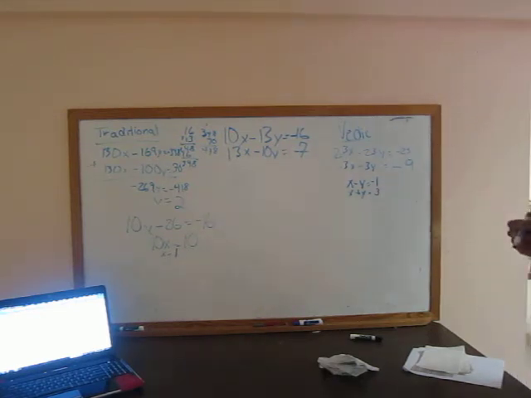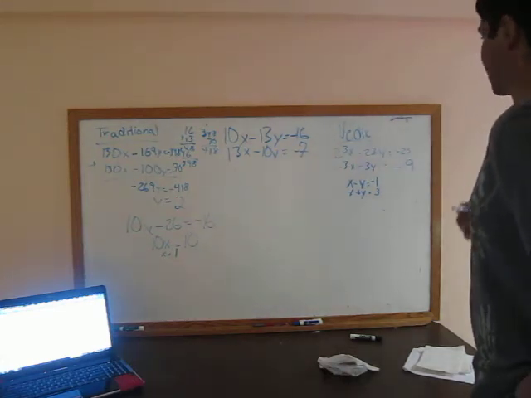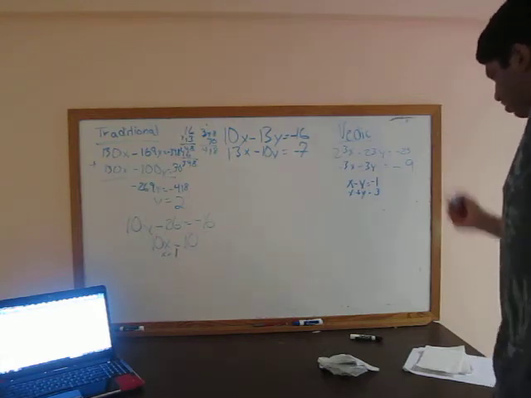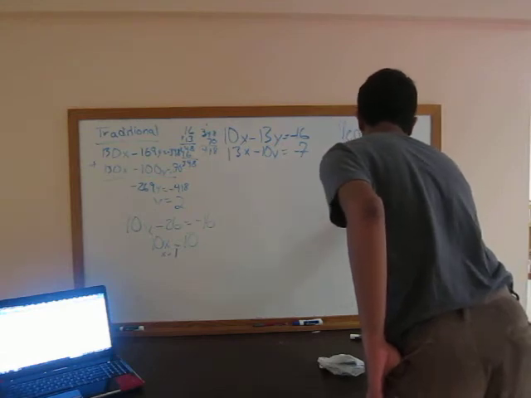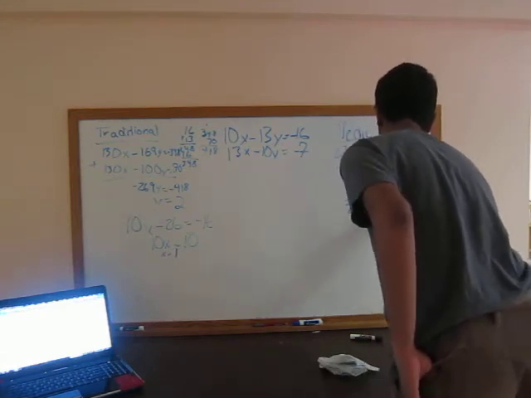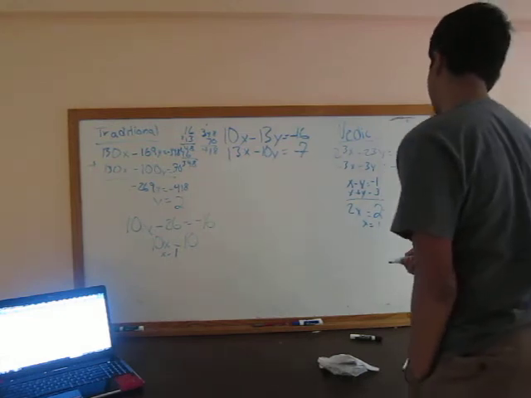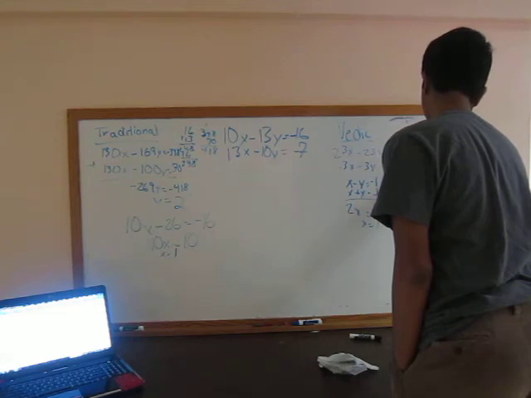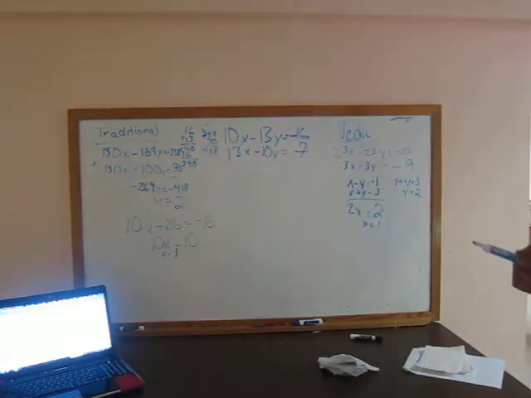Now I can either do that using the previous Vedic way or using the traditional way, your choice. I'm going to do it traditionally because in this case it's really easy. So 2x equals negative 1 plus 3 is 2, x equals 1. Substituting it into one of these equations, 1 plus y equals 3, y equals 2. And there you have it.